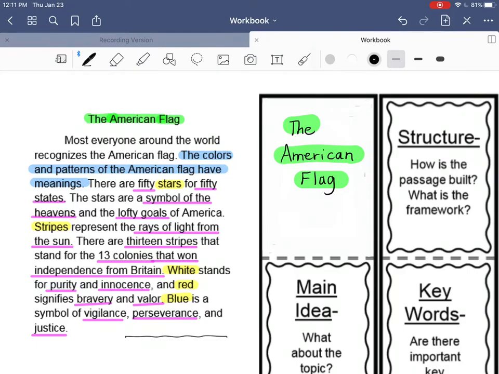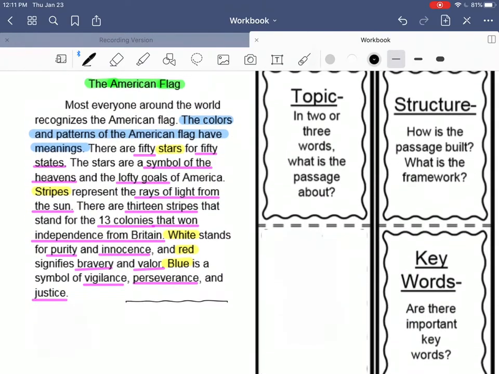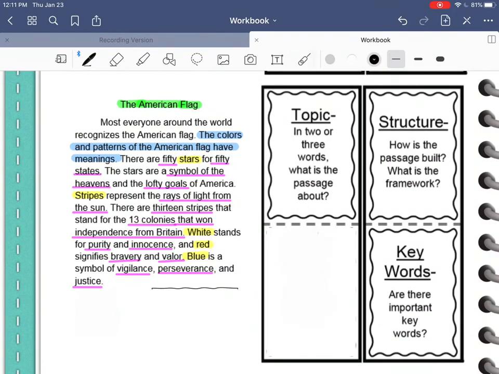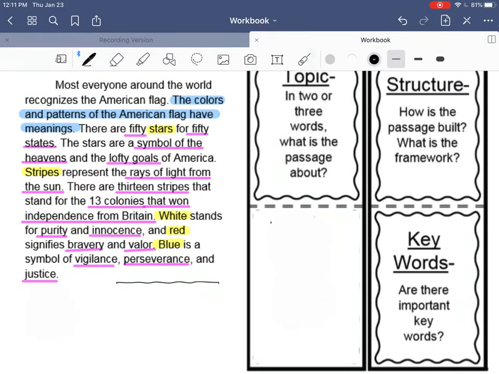So close that door and then open the one under it, about main idea. And it says, what about the topic? Who cares? What's the point? And this is the one where we want to have a sentence. Main ideas really need to be in sentence form.